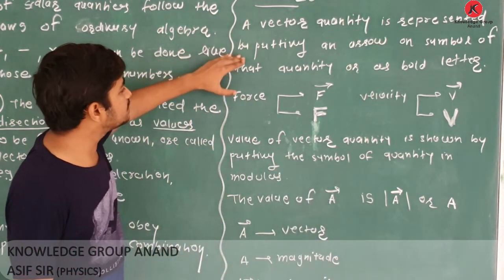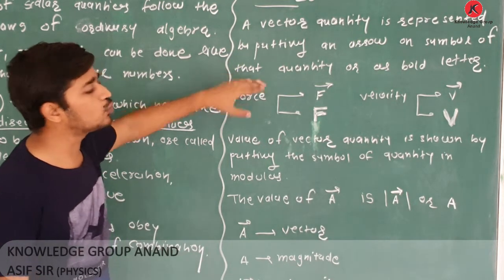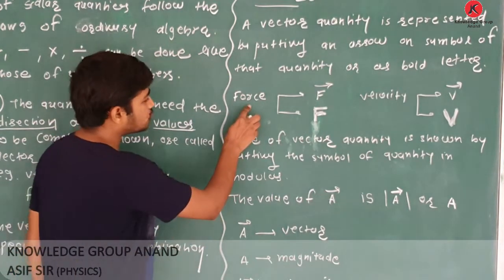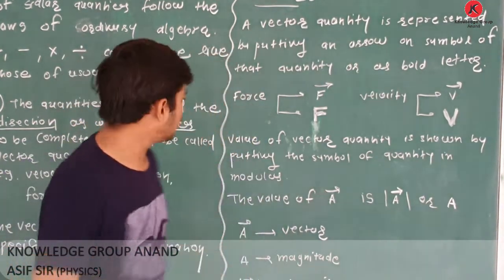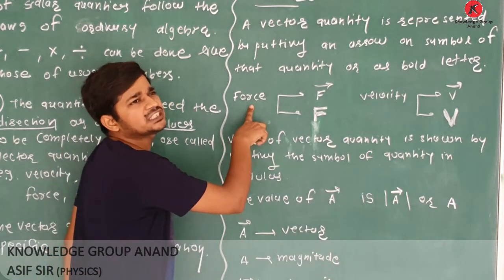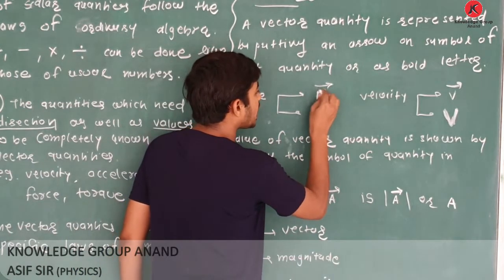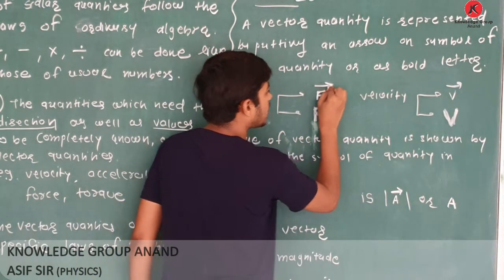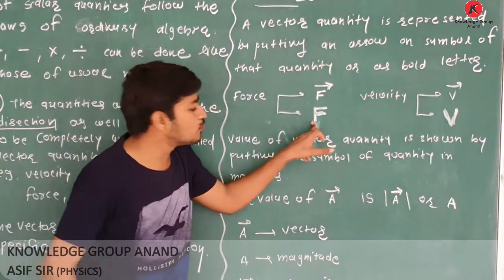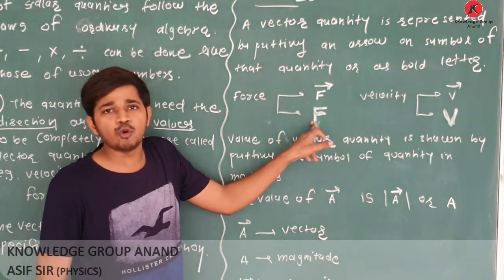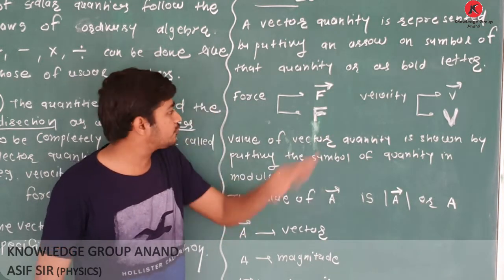What is vector? A vector quantity is represented by putting an arrow on the symbol of that quantity or as a bold letter. For example, we know that force is a vector quantity. Force is indicated by capital F, so you have to put an arrow on the symbol, or you can write bold F. So how to write vector quantities?